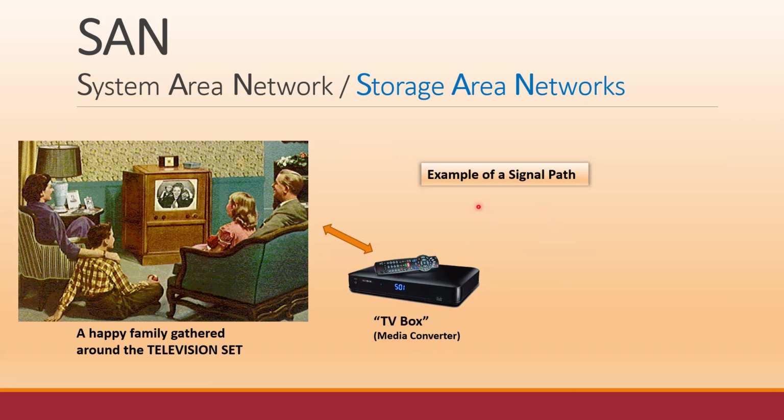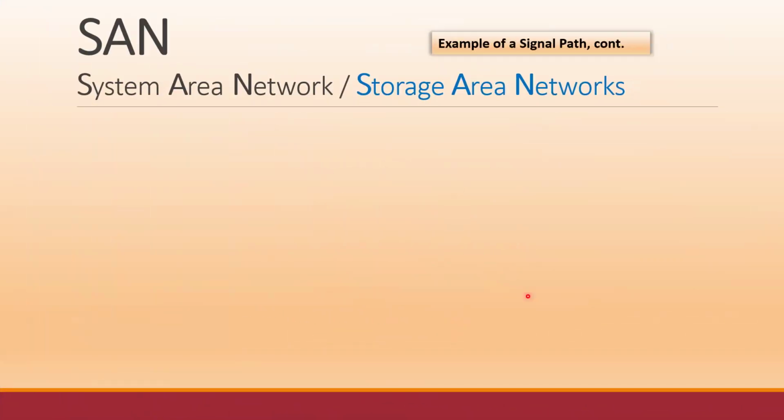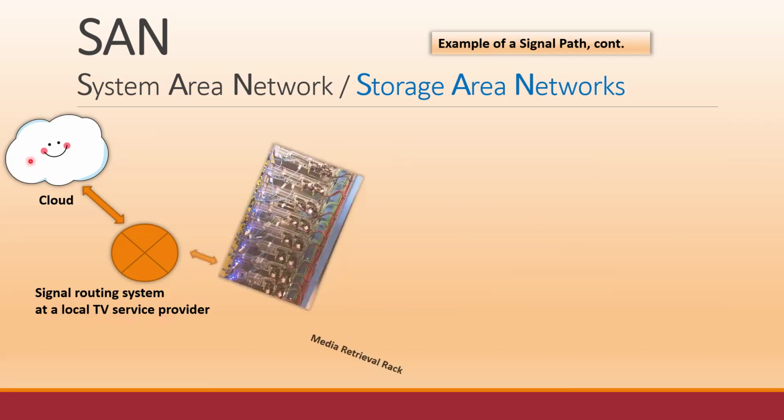Now, that thing connects to a modem of their network, internet, LAN, and that goes into the cloud. Now we go to the cloud and we shift to another place. Where is this cloud connected to? Well, it is going to the signal routing system of a local TV service provider.